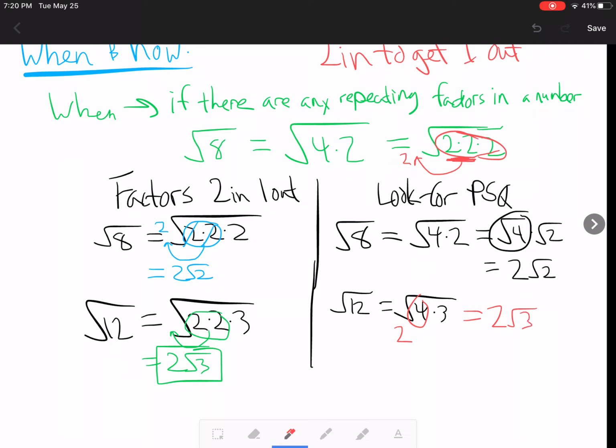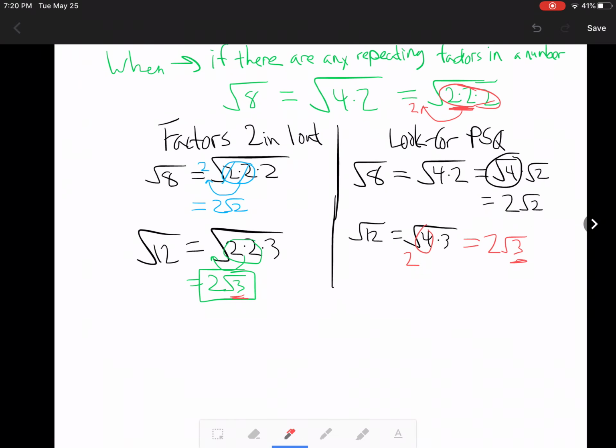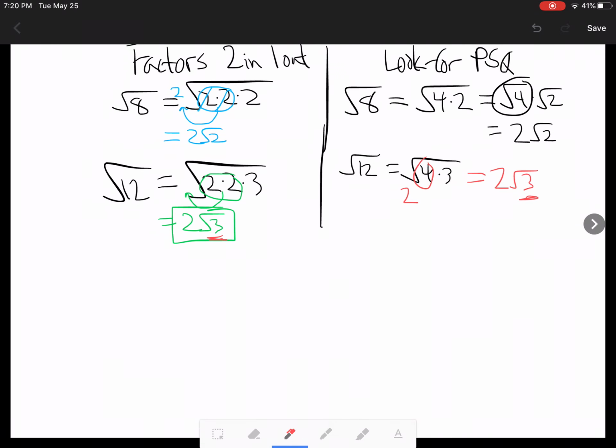And so that's what we're doing, is we're trying to simplify these numbers that are underneath, so that what we have left doesn't have any repeating factors in it. And so let's do one more bigger number example just to hopefully make sense of all of this. So now, let me get a new color here. Let's go blue again. Square root of 40.